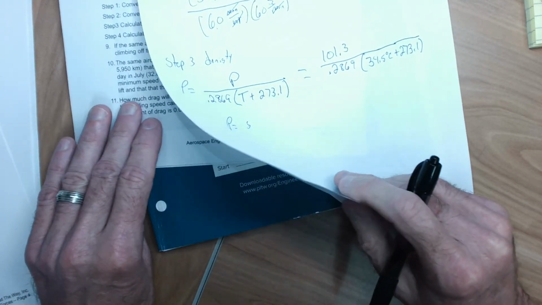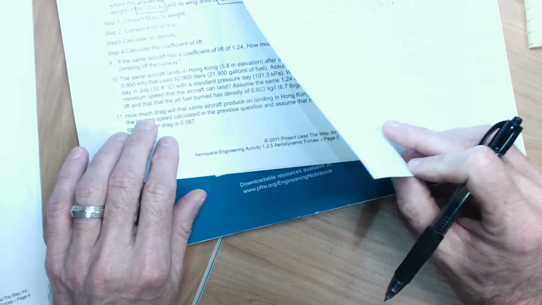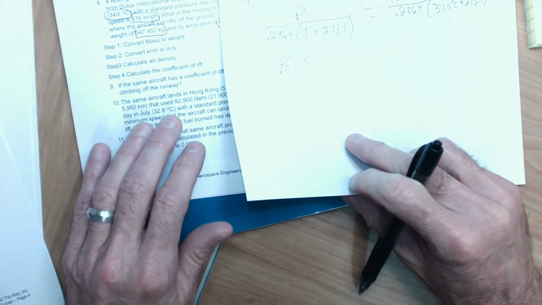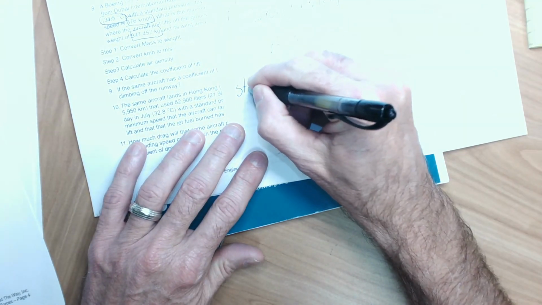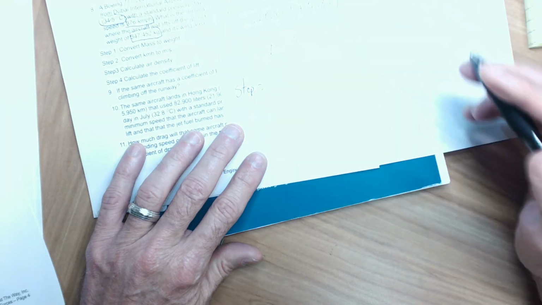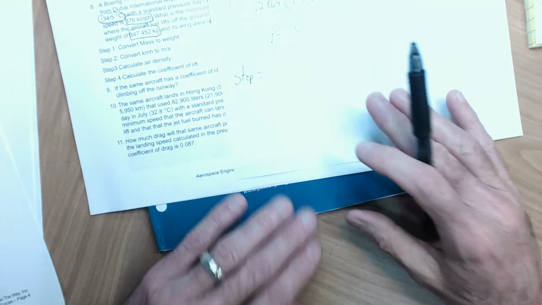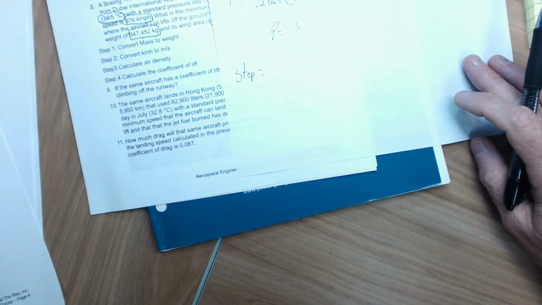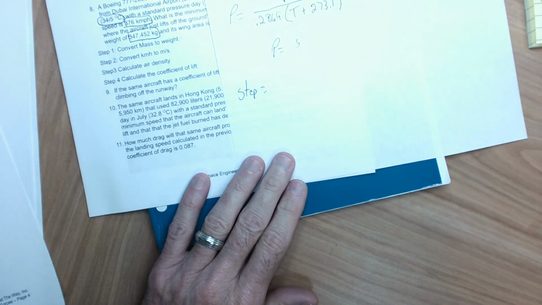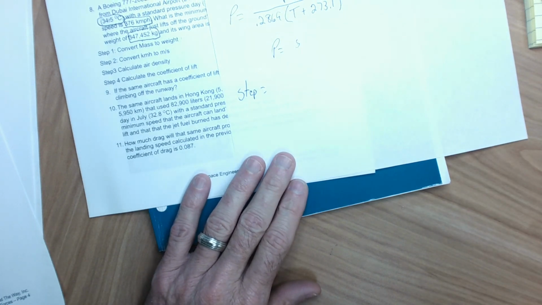All right? Now, step 4 is we're ready to actually calculate the coefficient of lift. Now, I'm not going to put in some values because you're supposed to solve those up there. So here we go. Good luck. And here's our coefficient of lift formula that we have.